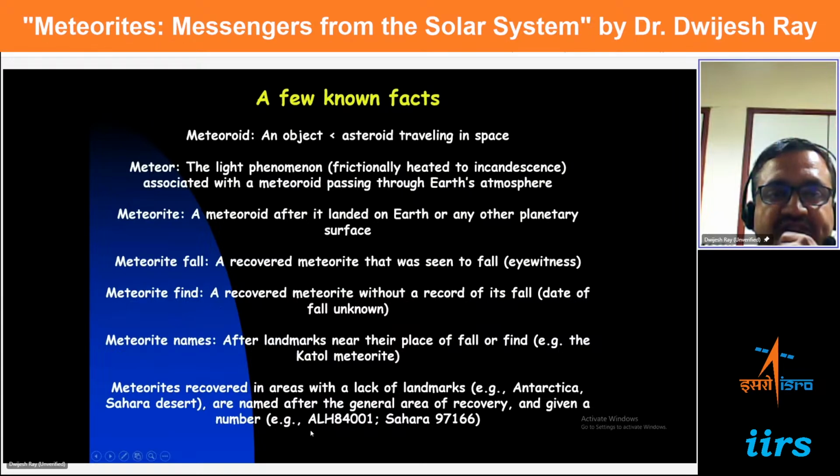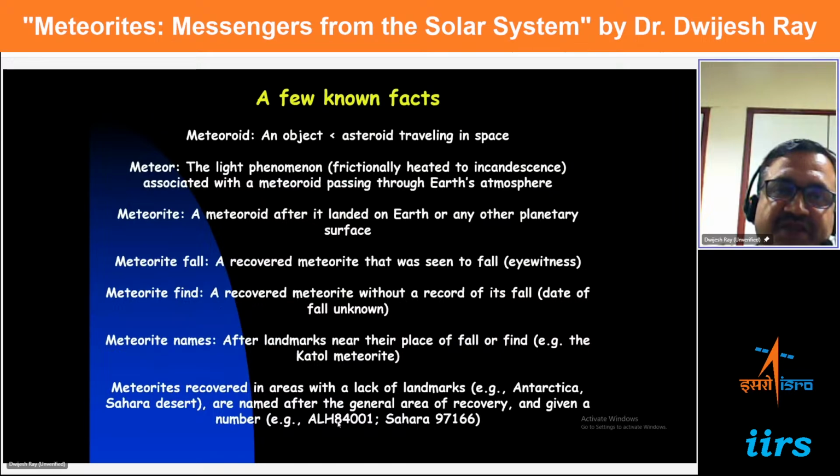This is one of the examples: ALH 84001. It means there was an expedition in 1984, which is why the number 84 has come, and ALH is for Allen Hills. There is a hill in Antarctica called Allen Hills, and this is the first sample we got. This is how it is named.